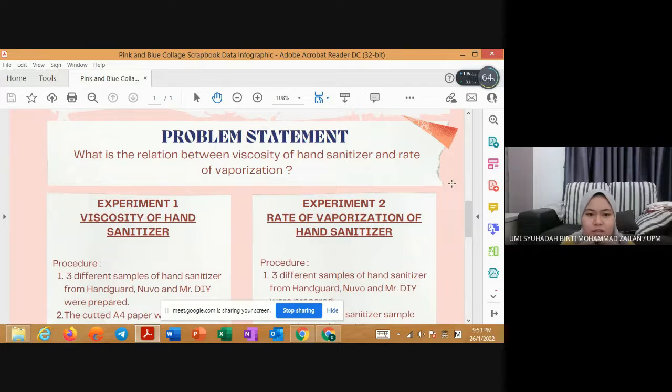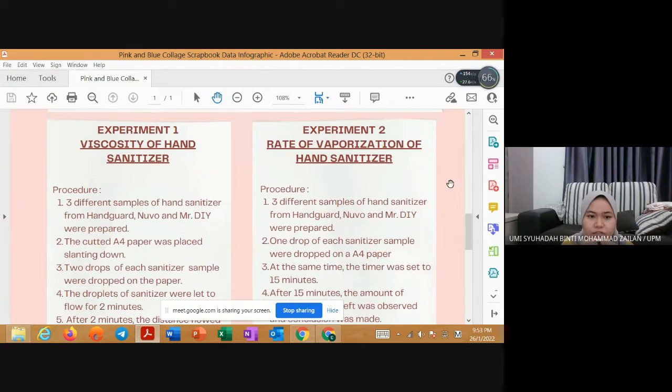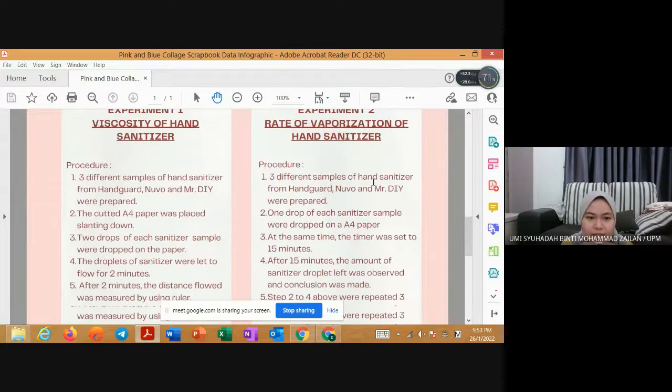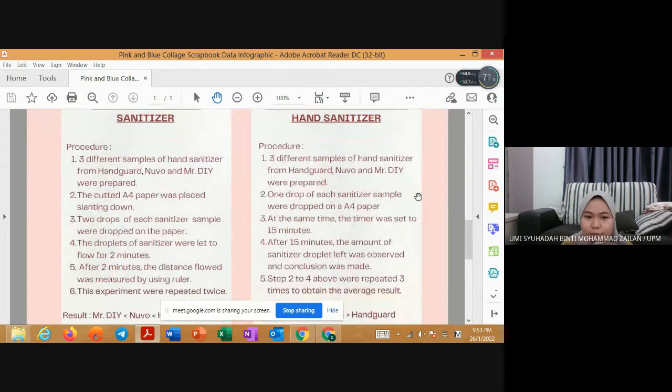Thank you, Sharian. The problem statement is: what is the relation between viscosity of hand sanitizer and rate of vaporization? We conducted two types of experiment. The first experiment is to determine the viscosity of hand sanitizer. Firstly, we prepared three different samples of hand sanitizer: Handguard, Nuvo, and Mr. DIY.